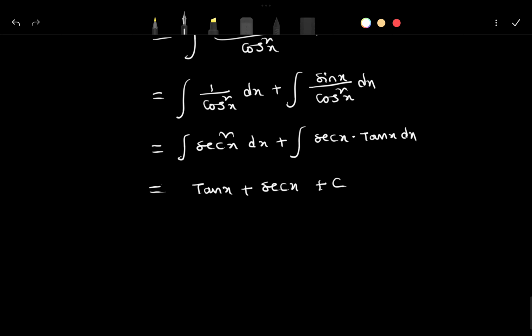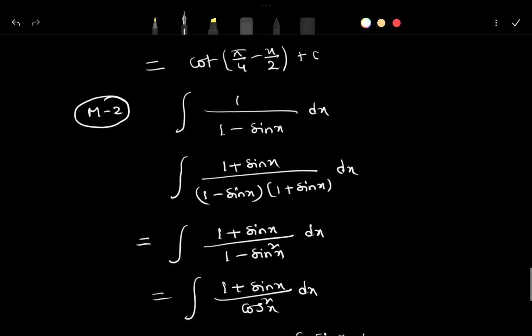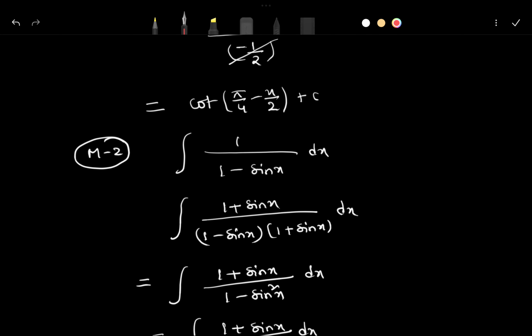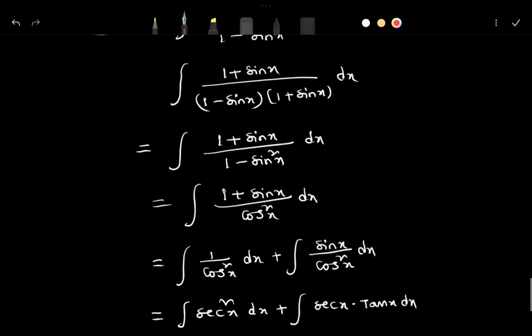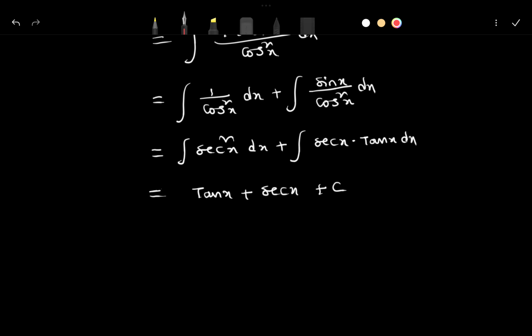But you can erase the doubt. What is the difference between the first method and the second method? In the first method, you got the answer as cot of pi by 4 minus x by 2 plus c. But here the final result is tan x plus secant x.